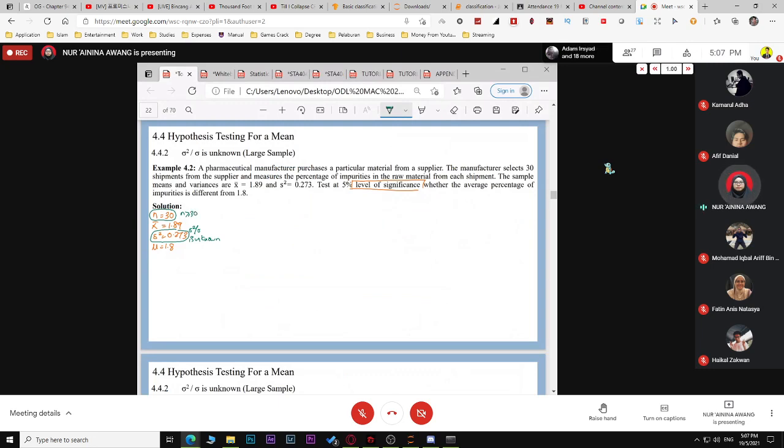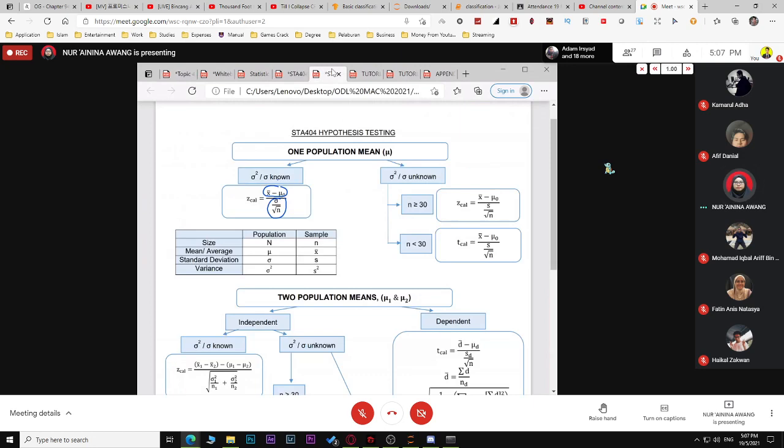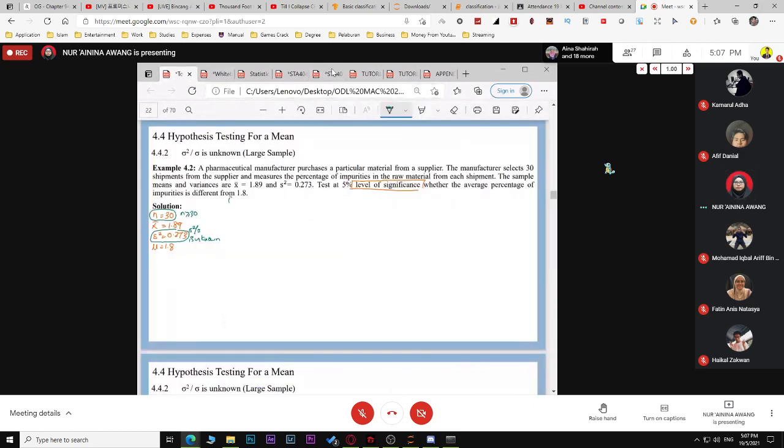So in the second step, you will use this formula. For the first step, our H0 and H1: since the question asks whether it is different from 1.8, this will be our H1. So that is your hypothesis.